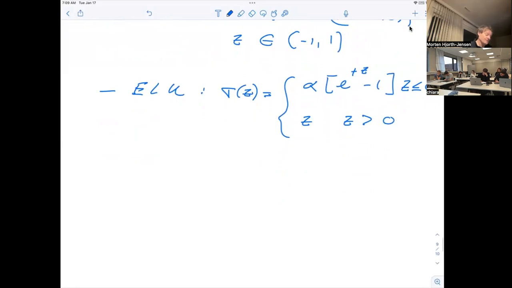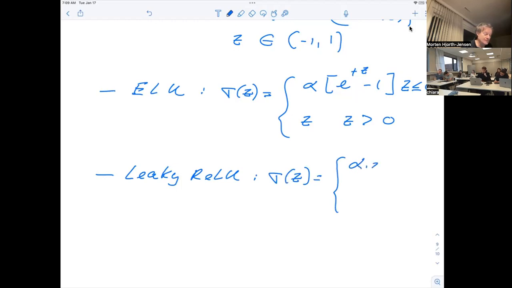There's another one. If you look up the literature, you will see many such activation functions. One is called the leaky ReLU, which is a modification of the ReLU function which we saw before. This is also widely used. So that has alpha times z when z is less than 0, and it equals z when z is larger than 0.